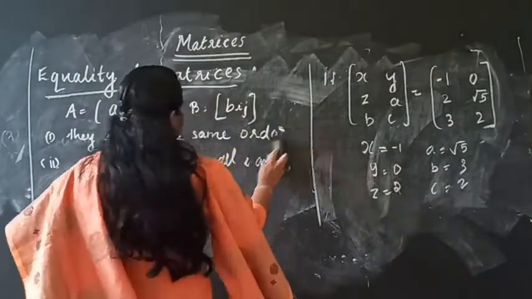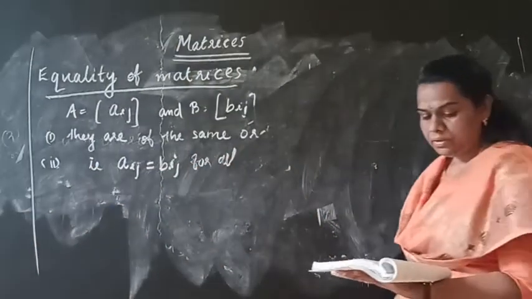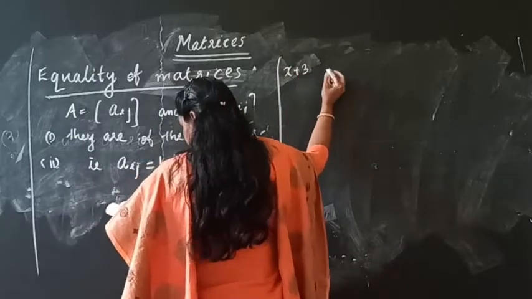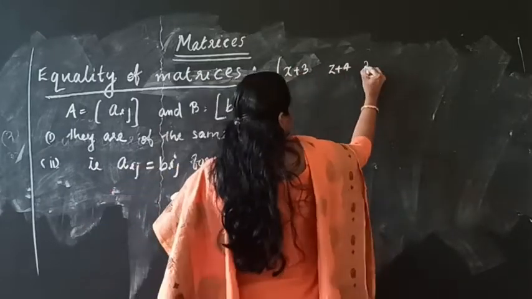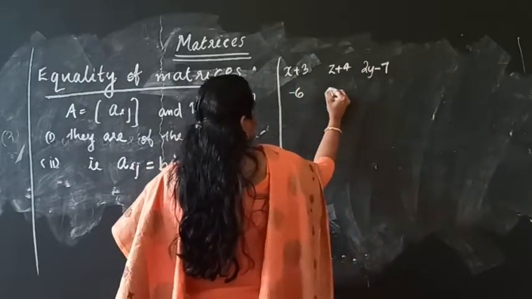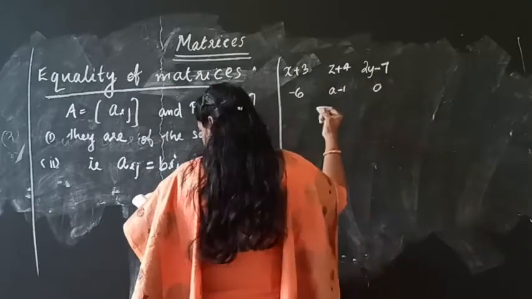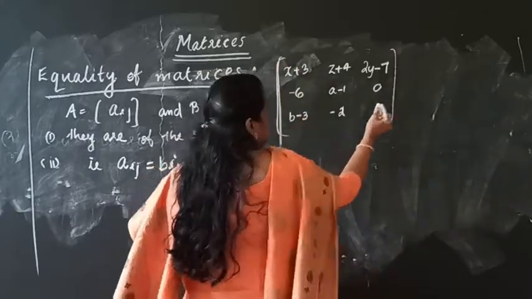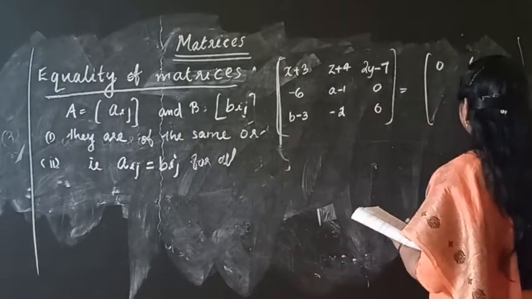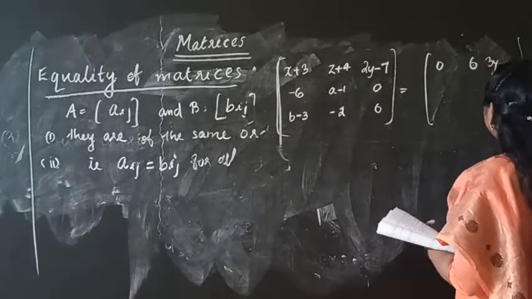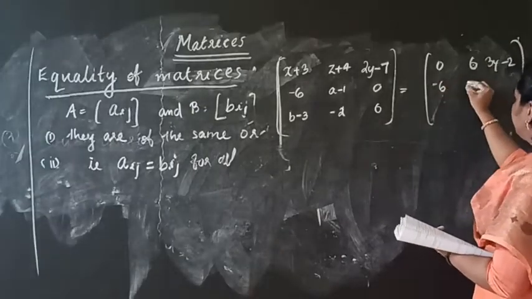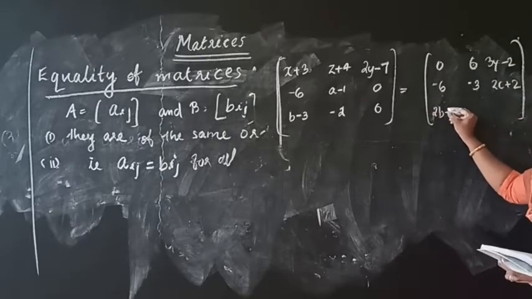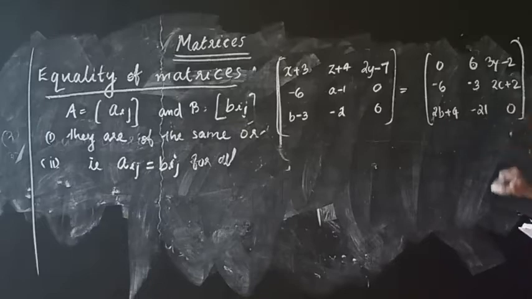We can do one problem. If the matrix with entries X plus 3, and so on, the 3 by 3 matrix is equal to 0, 6, 3y minus 2, minus 6, minus 3, 2c plus 2, 2b plus 4, minus 21, 0.